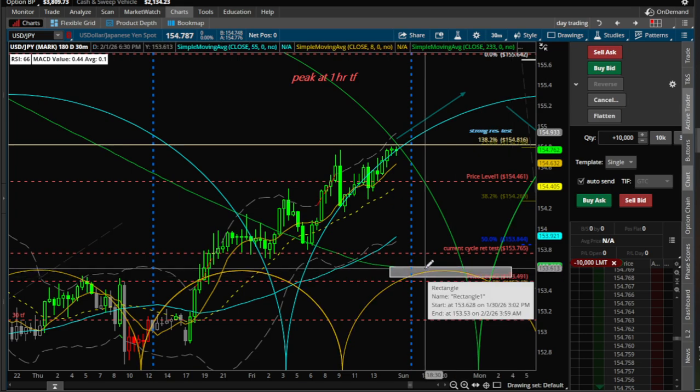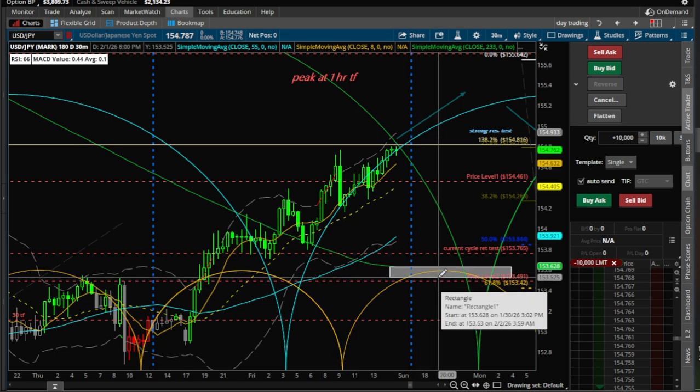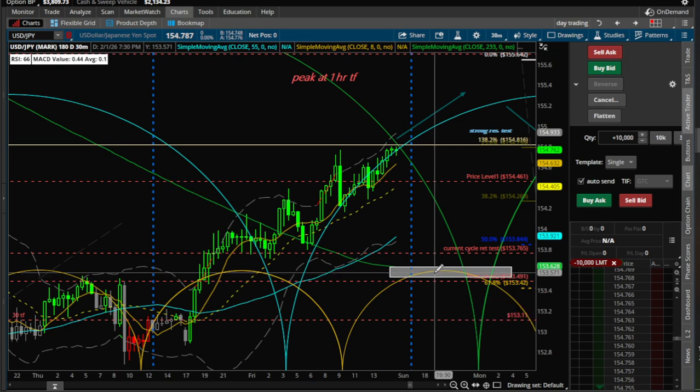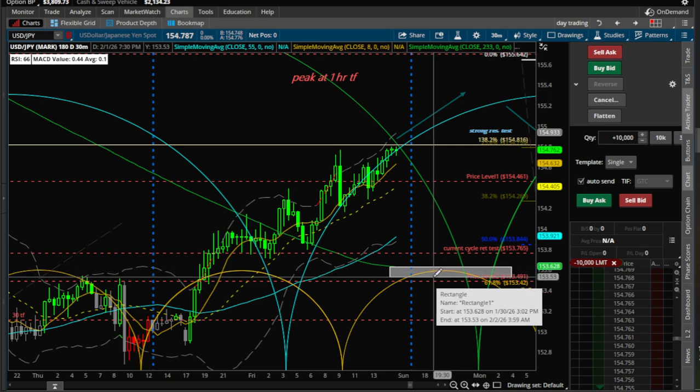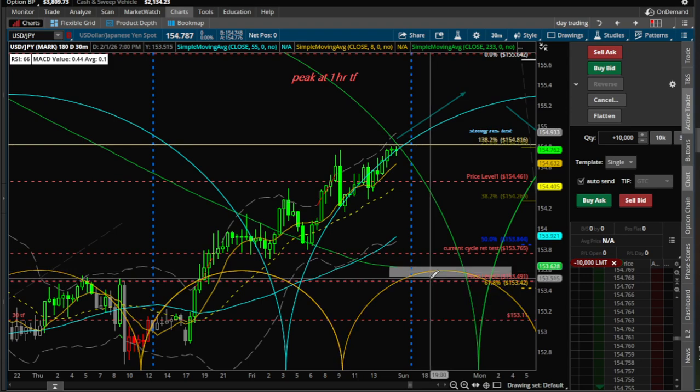So anywhere from maybe 153, maybe half the middle of the road there, 153.5. Stopped out, try it again at 153.6, and then maybe try again at 153.5.